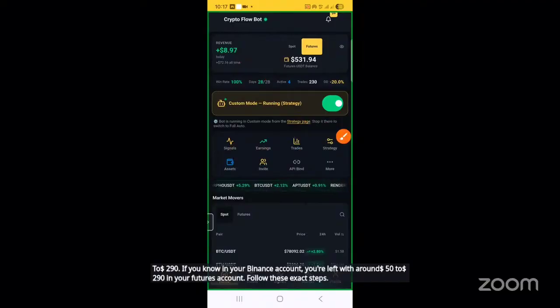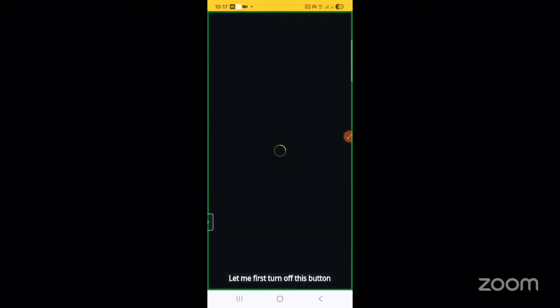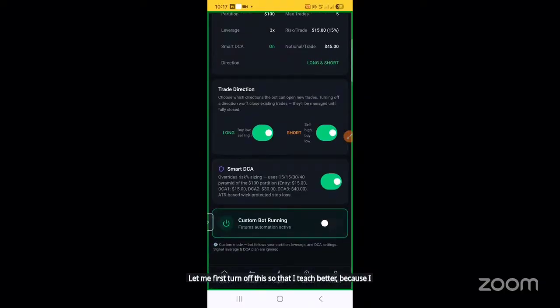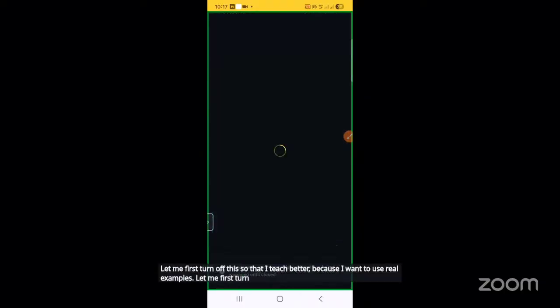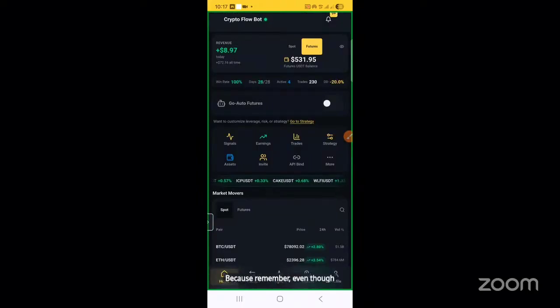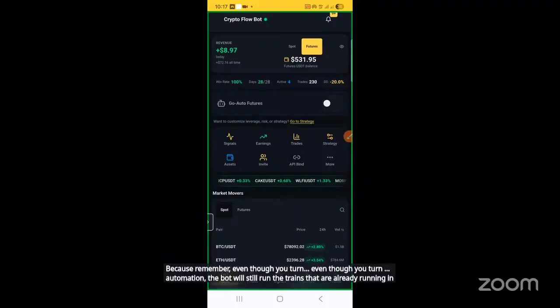Let me first turn off this button so that I teach better, because I want to use real examples. Let me first turn off the automation, because remember, even though you turn off the automation, the bot will still run the trades that are already running in your Binance, and it will close them if they are in profits.